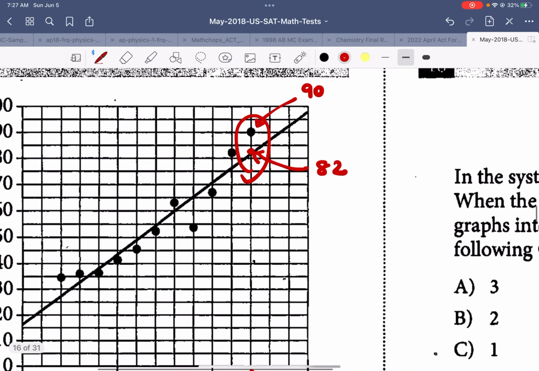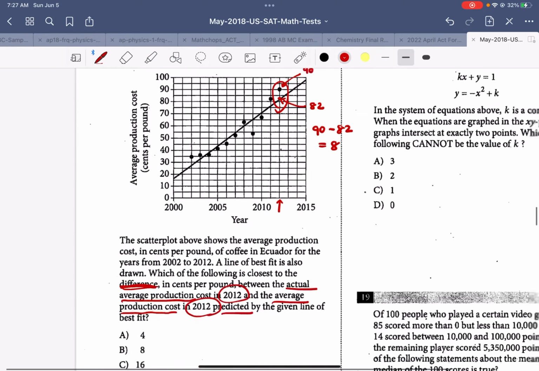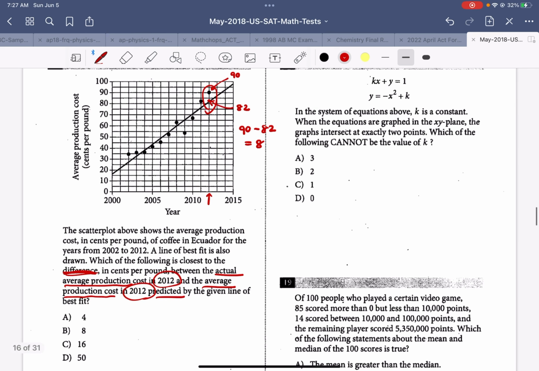So they ask you the difference. 90 minus 82 should be 8. So 8 cents per pound is the difference. So which one is the closest? Okay, so they ask you the difference between the actual one and the one predicted by the best fit line.